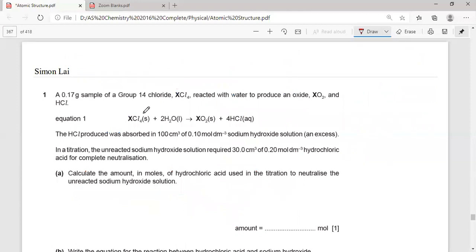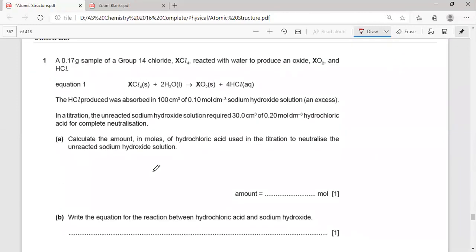Now watch, draw a diagram. 0.17 grams of group 14 chloride, carbon, silicon, germanium, tin, lead, whatever, reacted with water to produce an oxide XO2 and HCl. Given here is the equation.